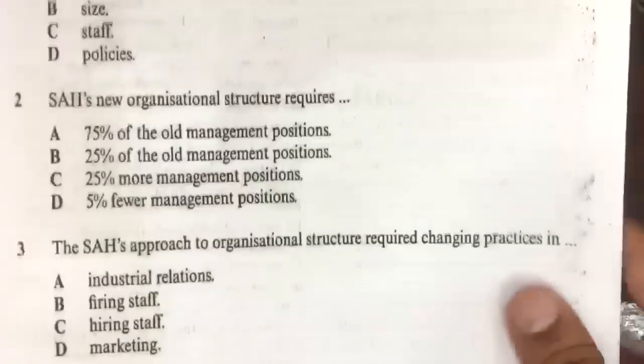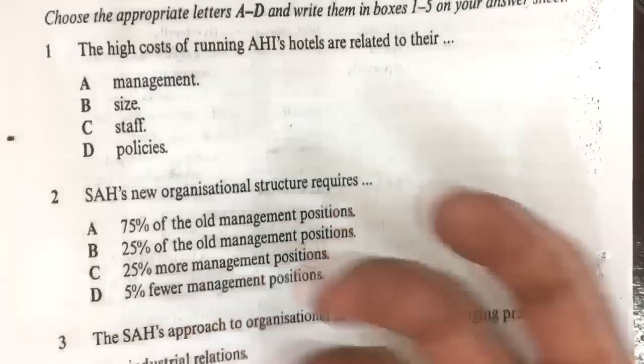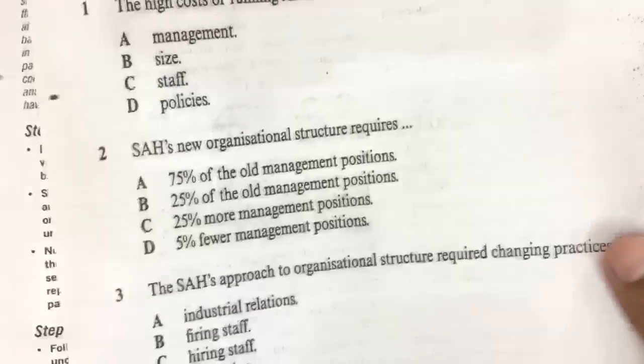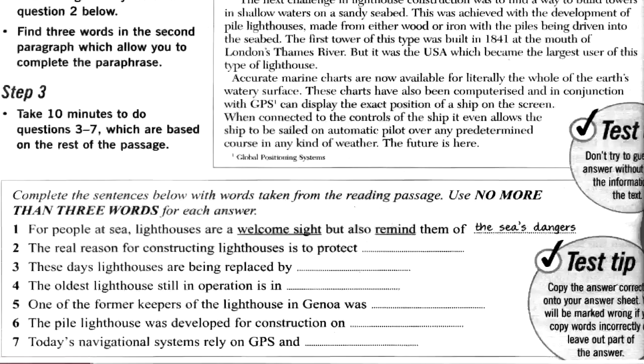You may have MCQ questions like this in the paper, and from the question we usually underline the keyword and we jump into the passage and we try to find our answer. You can have MCQs. You may have sentence completion in the paper. In the sentence completion question type, we usually have the gap at the end of the sentence.